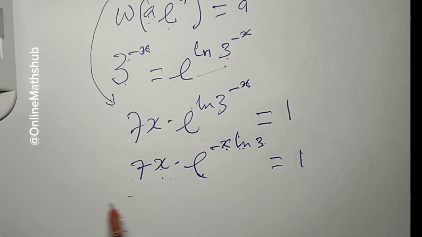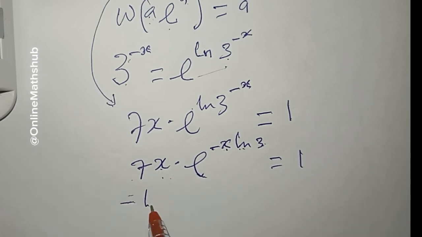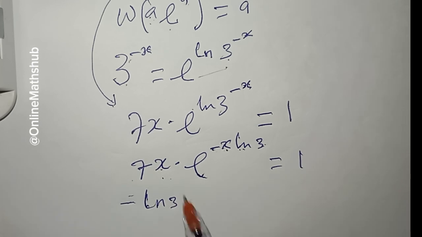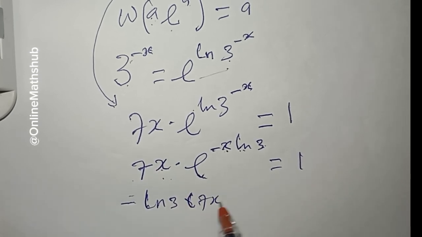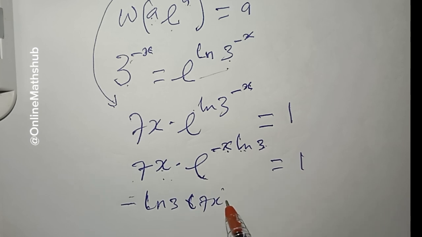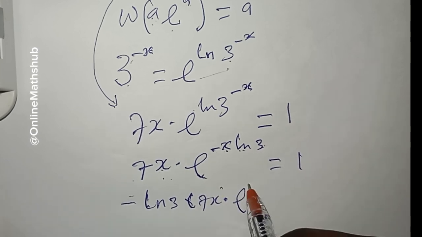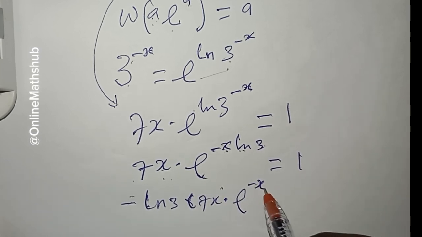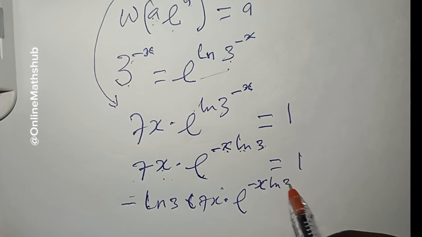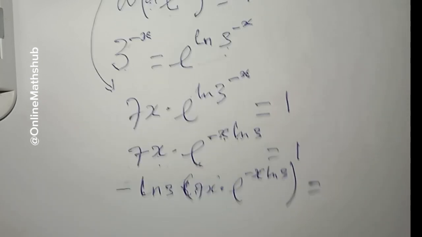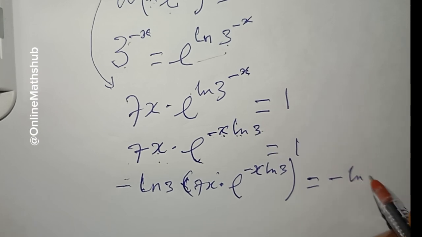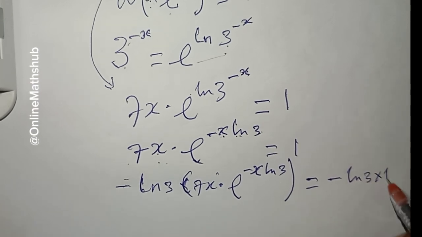Okay, so if I do that, I'm going to be having negative natural log of 3 multiplied by, so let me put this 7x, multiplied by exponential negative x natural log of 3, and then it's equal to negative natural log of 3 multiplied by 1.